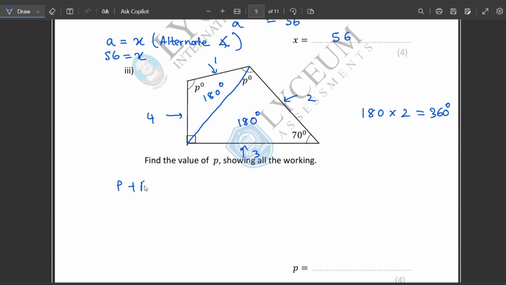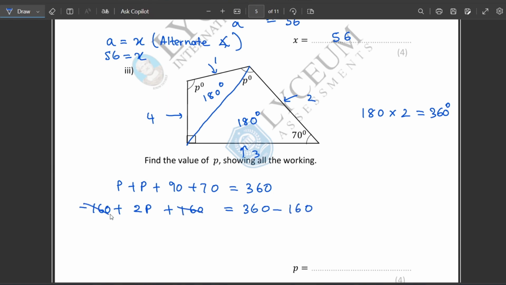So P plus P plus 90 plus 70 equals 360. So 2P plus 160 equals 360. To get rid of this 160, I subtract 160 from both sides.